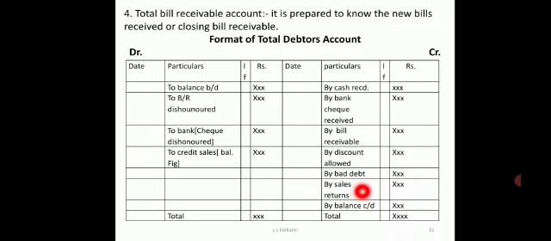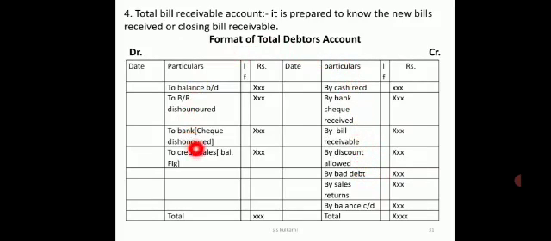If closing debtors account is given, then either cash received or bank received, bills receivable, discount, or it can be the credit sales. So any one of the figures may be missing, so we have to see the difference in what is given. Most of the times it will be either credit sales, opening debtors, cash received, bad debts, or balance carried down, that is closing debtors.